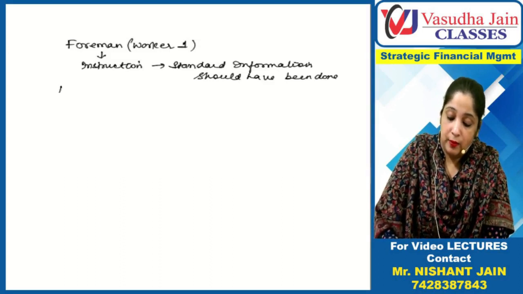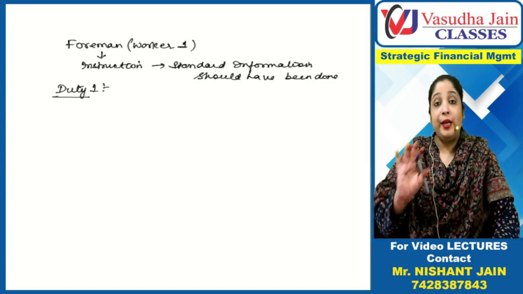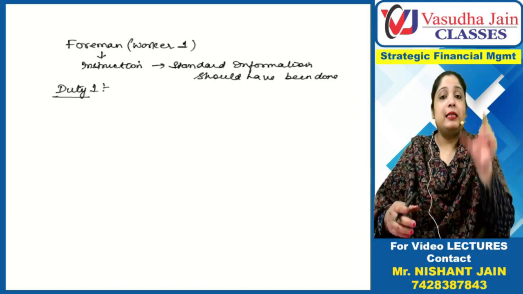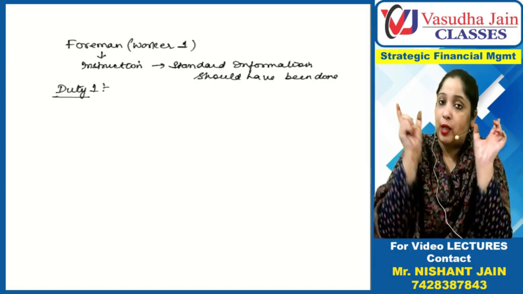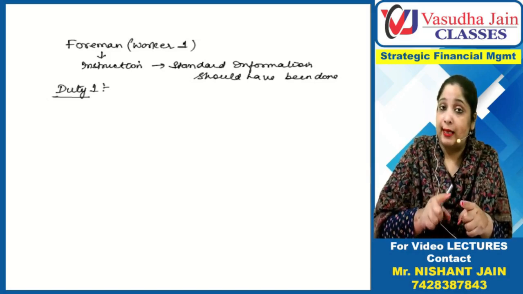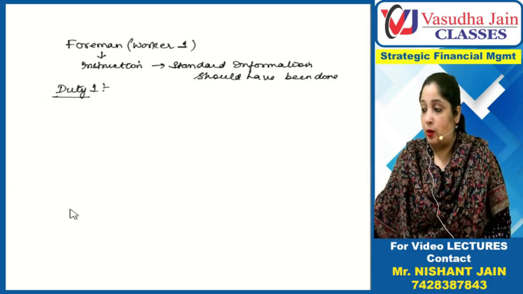I am going to basically give him 3 duties. If he performs his duties perfectly, then standard cost will be equal to actual cost. But if he does not perform his duty perfectly, then there will be origination of variance, the birth of variance.